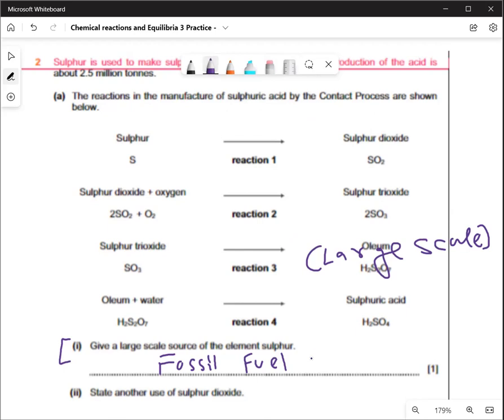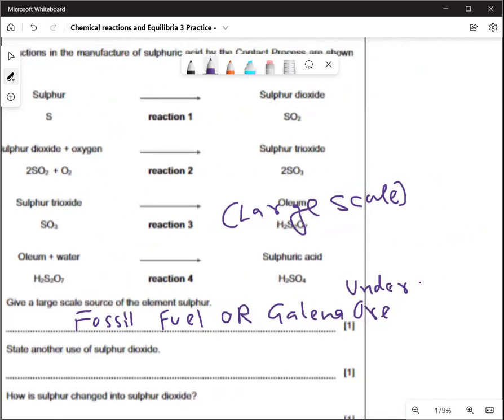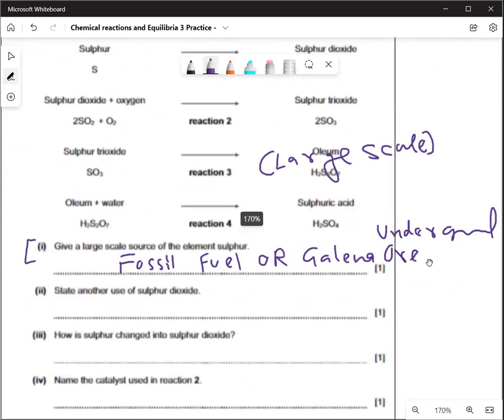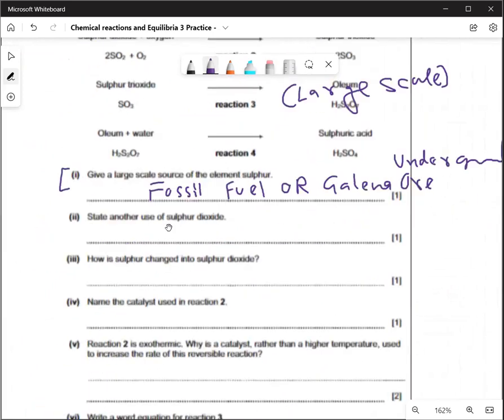When you write underground ore, you could say Galena ore. But I would prefer that you write the first one, fossil fuel. What if they ask you fossil fuel is one, give another one? Then I'll give the other one, yeah, easy.